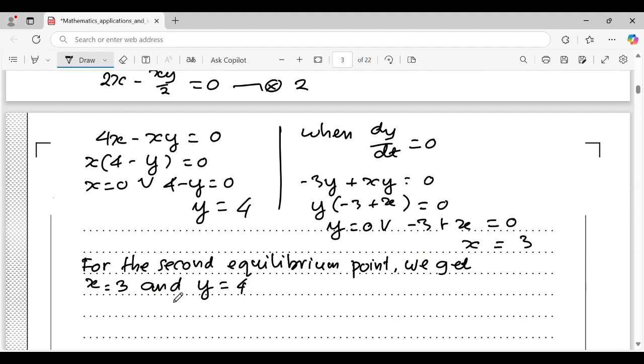So therefore, for the values of P and Q, we can determine that P equals 3 and Q equals 4.